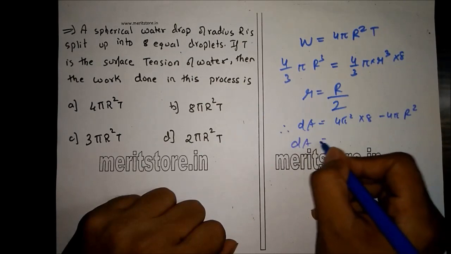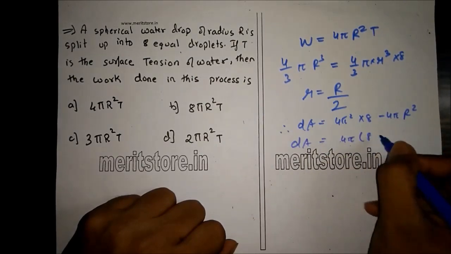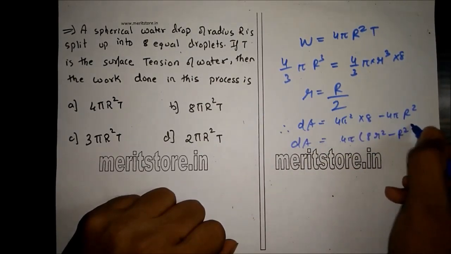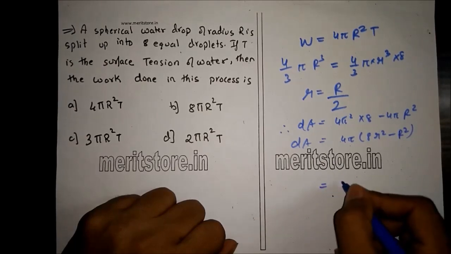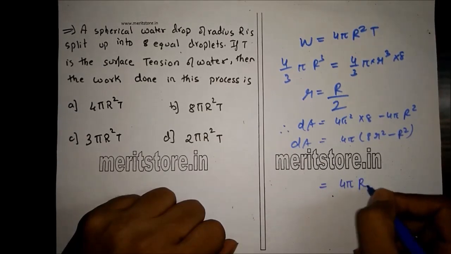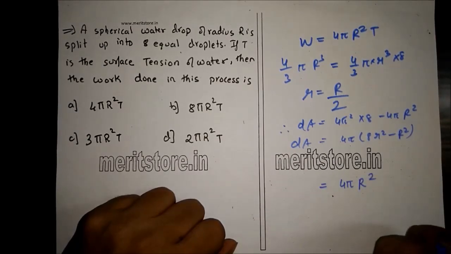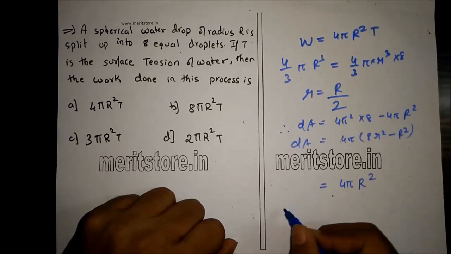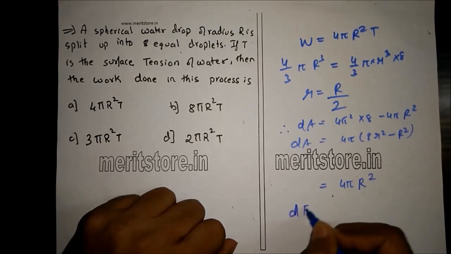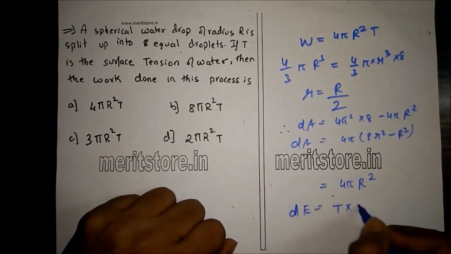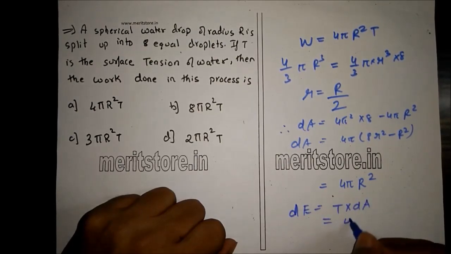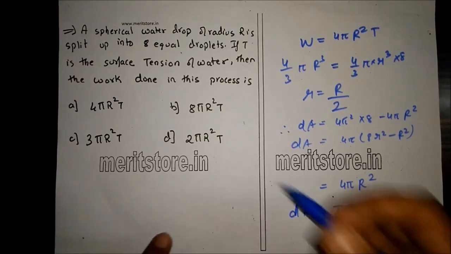Therefore, dA will be equal to 4 pi (8r square minus R square), which will be equal to 4 pi R square. Now the change in energy is dE, given by T into dA, which is equal to 4 pi R square T. Therefore, the correct answer will be option A.